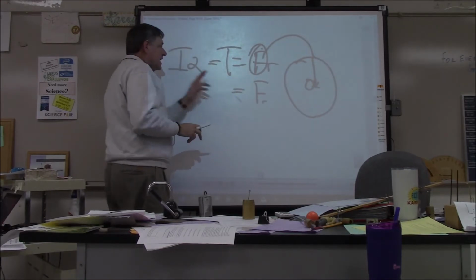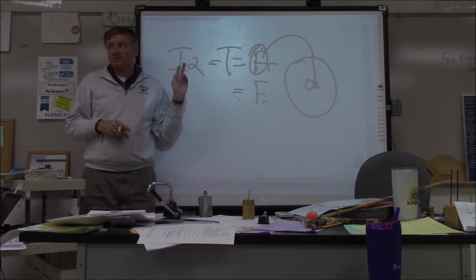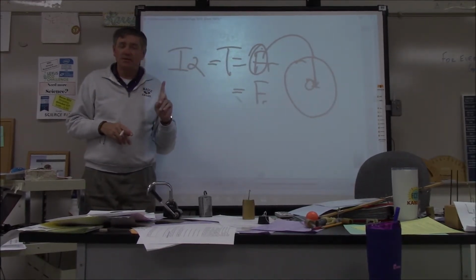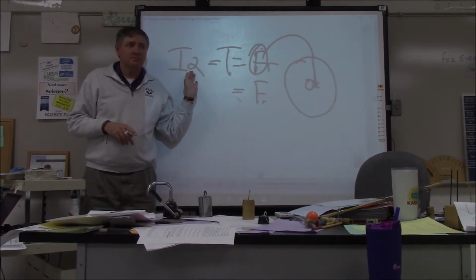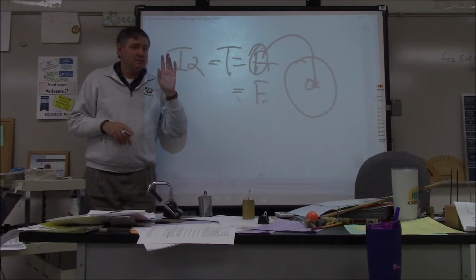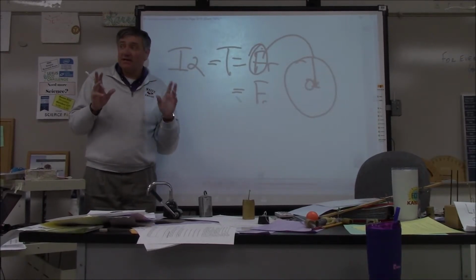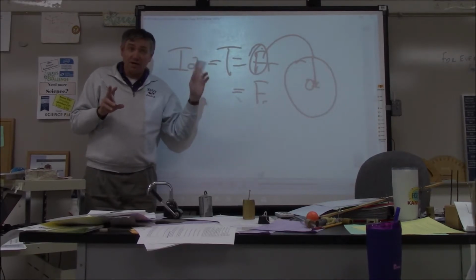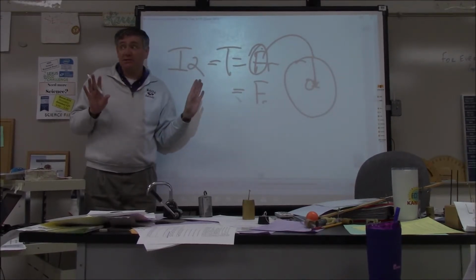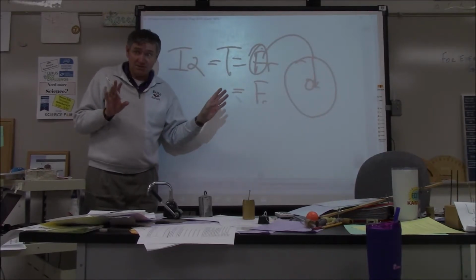Now, is that going to alter this moment of inertia? No. What determines this moment of inertia? The mass and the radius. But that's the radius of the mass. It isn't where I'm applying the force. Even though we are talking about radii, we're talking about two completely different things. One's for mass, one's where you're applying a force.